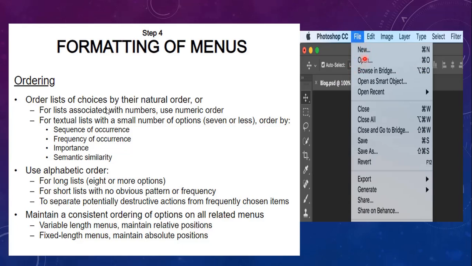So it facilitates the search of an item. It also provides the relationship between the items. There is a relationship between the file and the open action. So it provides information about the structure and relationship between the items, and also compatibility with the user's mental model of the item structure.